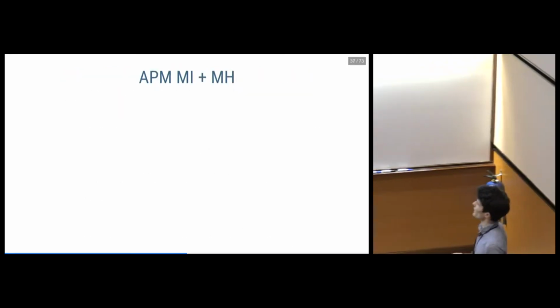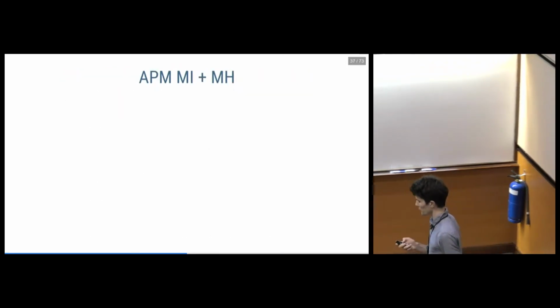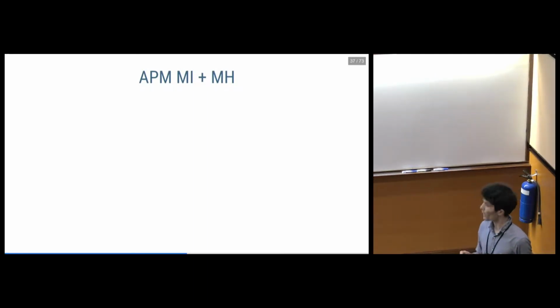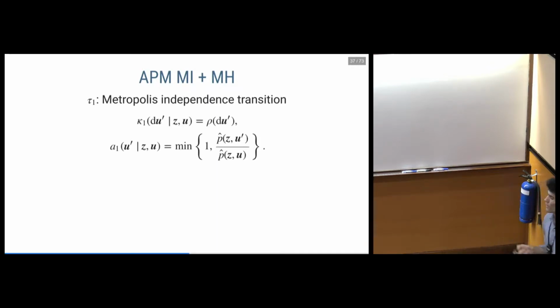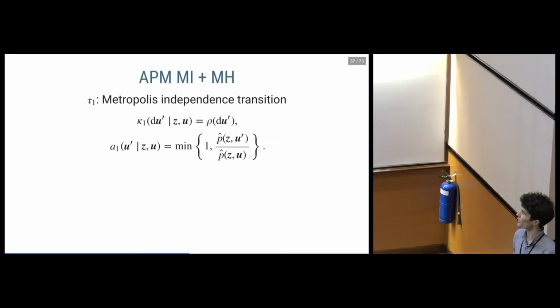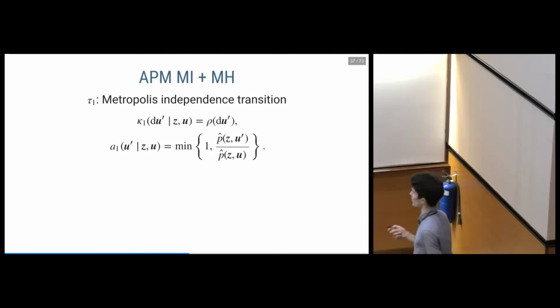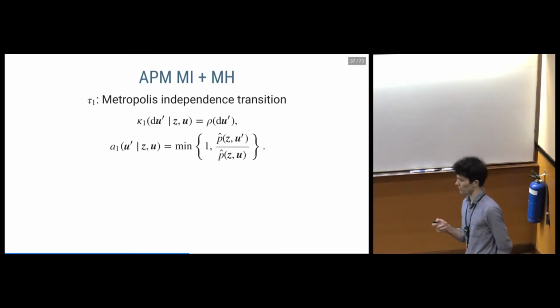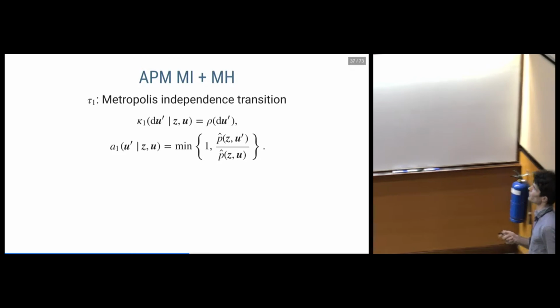So one particularly simple variant of this auxiliary pseudo-marginal framework is this auxiliary pseudo-marginal Metropolis independence plus Metropolis Hastings algorithm. So this looks a lot like the standard pseudo-marginal method. But basically, we're splitting the standard pseudo-marginal Metropolis Hastings update into two separate accept steps.